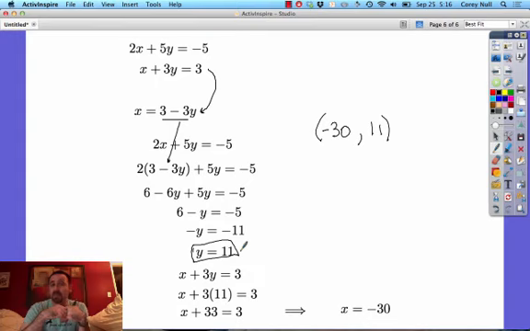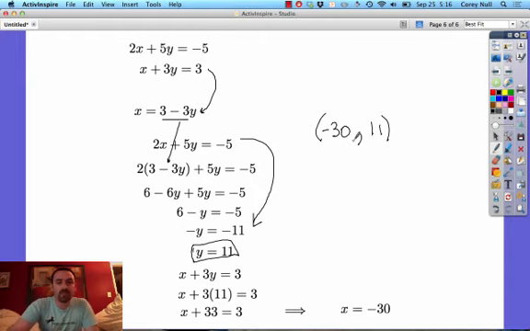The last step is always the same. So one thing about substitution is that there is more algebra to be done, and therefore there is more opportunity for little mistakes to be made. That's just one thing to keep in mind: it actually requires more algebra than the elimination method, depending on how it's set up. So that's point number one.